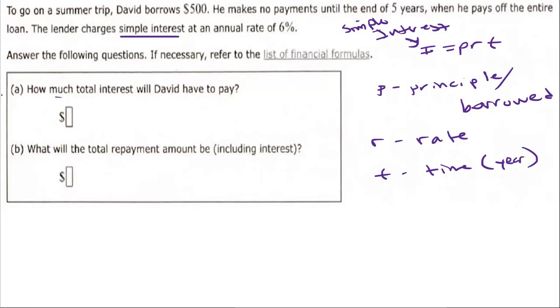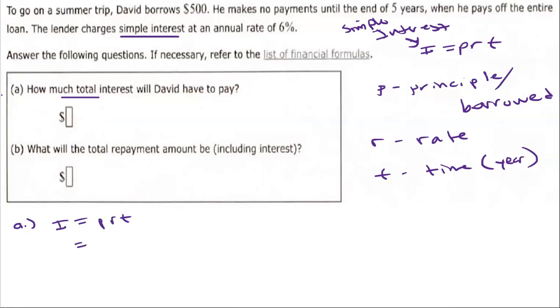So we want to figure out how much total interest will David have to pay. So we have I is equal to PRT. P is the amount that he borrowed, $500, so that's what we're going to put in for P. So this is part A. I is equal to PRT.